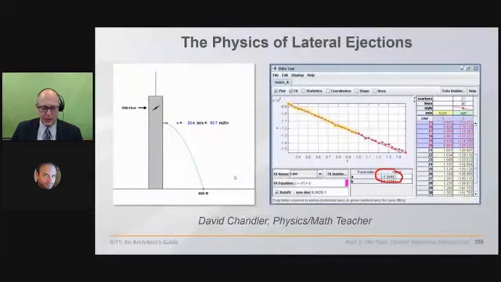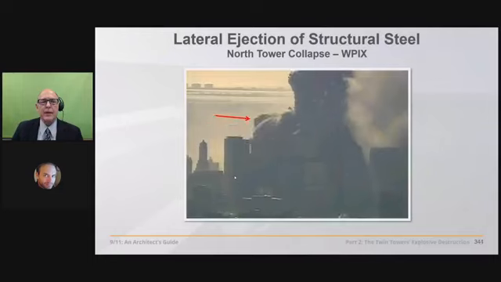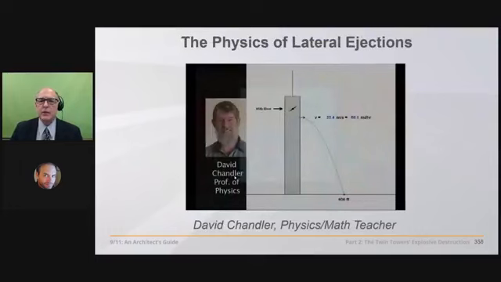Not only are these hurled 78 miles per hour, but they're trailing thick white smoke clouds, which we will dive into in part 3 of this 3-part series, 9/11 An Architect's Guide, when we get into the extreme heat.